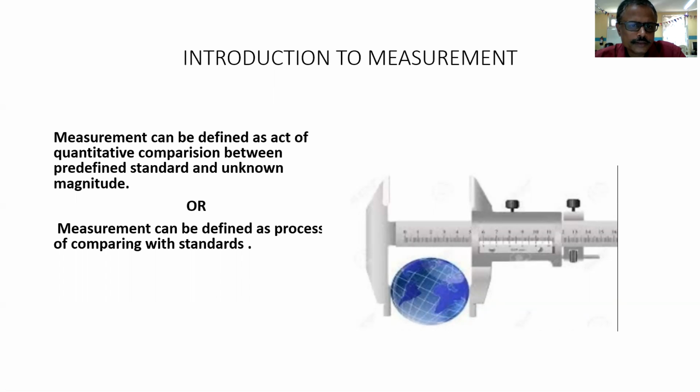We know that the knowledge of anything is incomplete if it is not expressed with the help of numbers. So every parameter is expressed with the help of numbers. So in measurement, you are expressing the unknown things with some numbers.